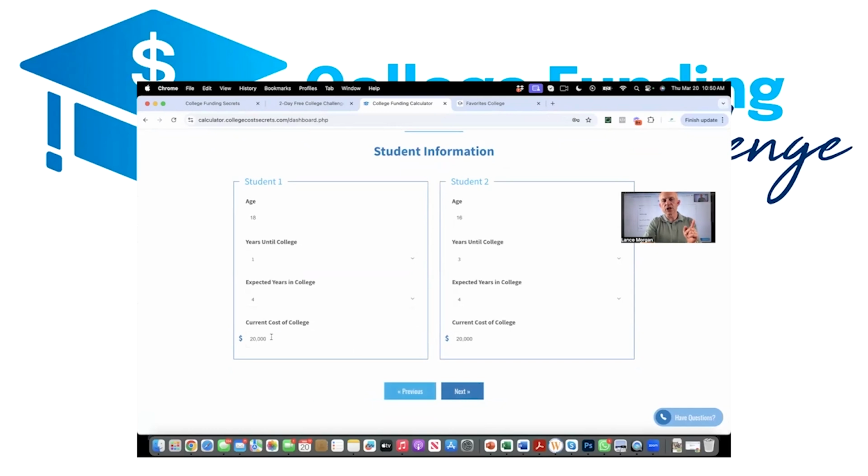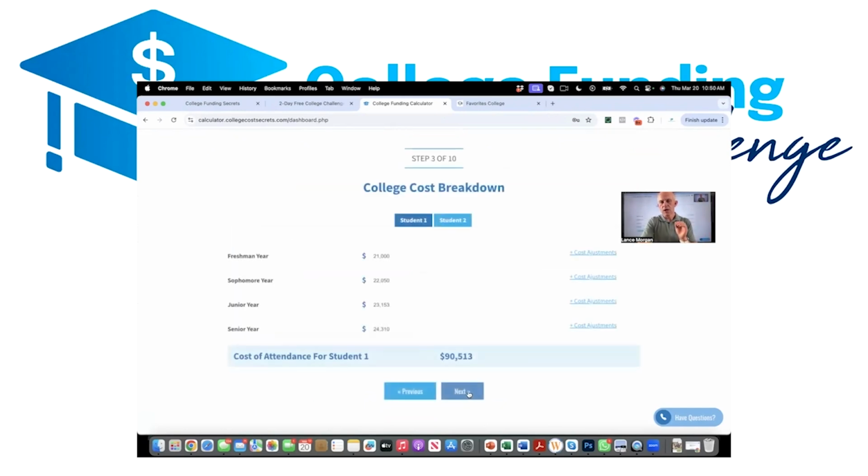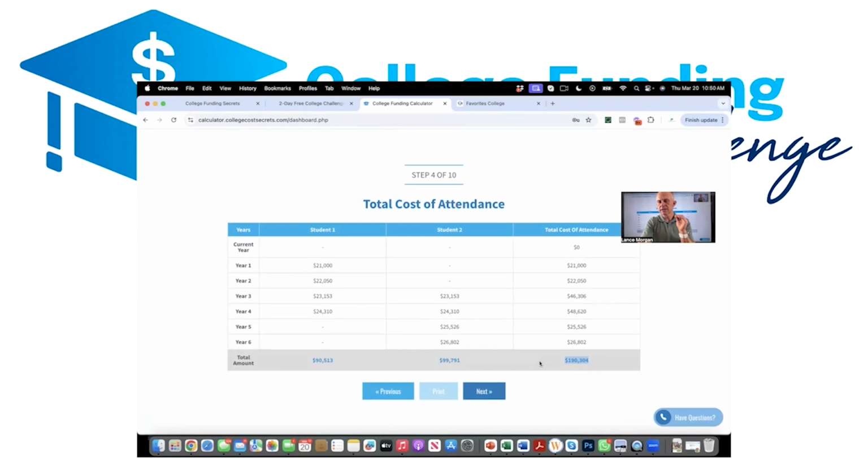What I've done is I've learned how to shave off $10,000 a year off the cost of college by lowering my SAI number, which reduced the out-of-pocket retail price.